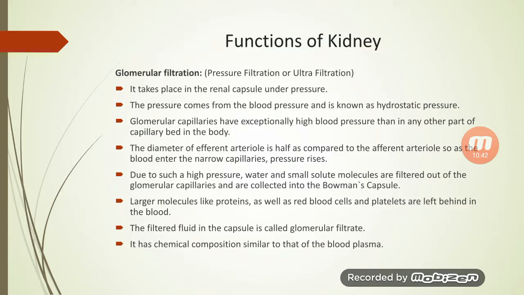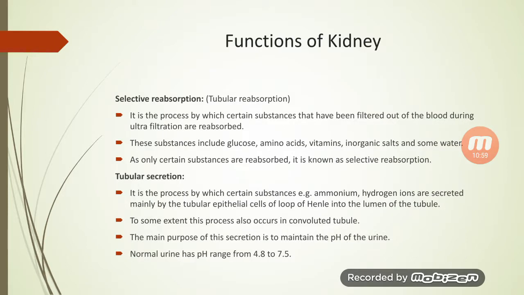The larger molecules, like proteins, as well as red blood cells and platelets, are left behind in the blood. The filtered fluid in the capsule is called the glomerular filtrate. It has a chemical composition similar to that of blood plasma.